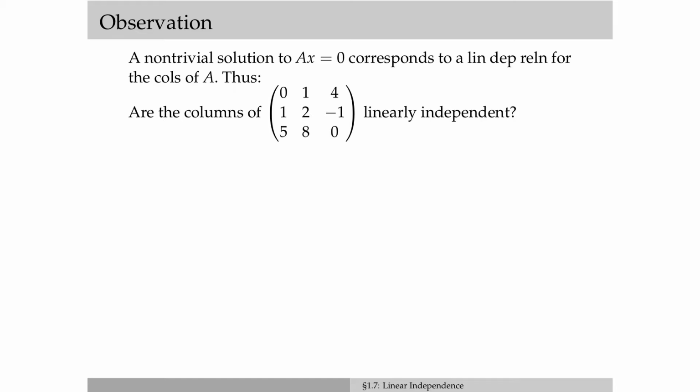Now, a non-trivial solution to Ax equals 0 corresponds to a linear dependence relation for the columns of A. So that's exactly what I did in the last slide. And so I ask, are the columns linearly independent? Asking if they're linearly independent is me saying, let's augment this with 0 and see what the reduced echelon form looks like.